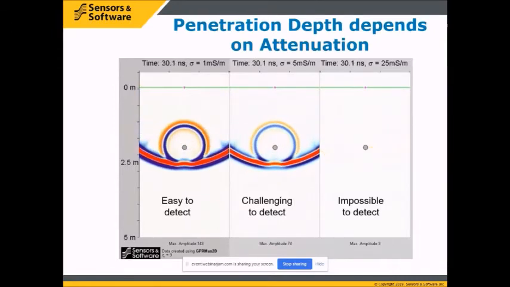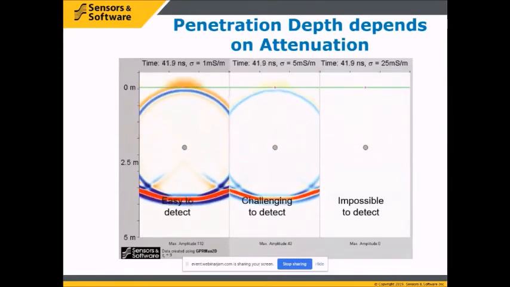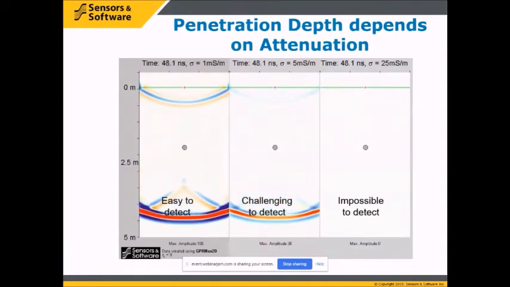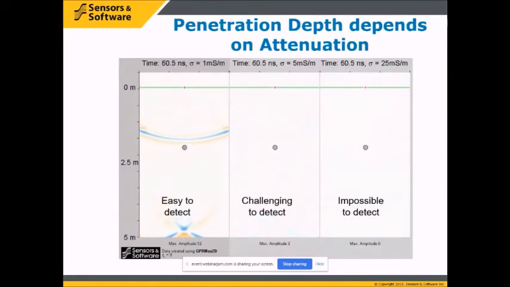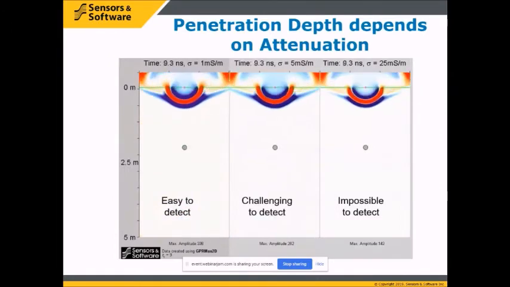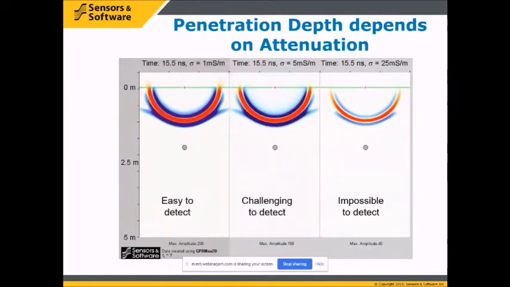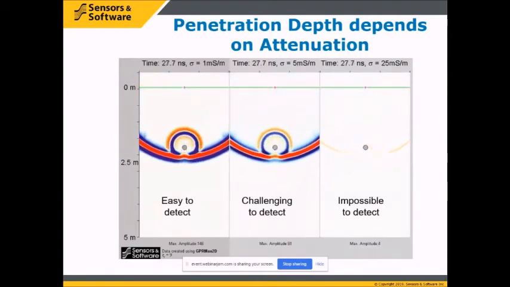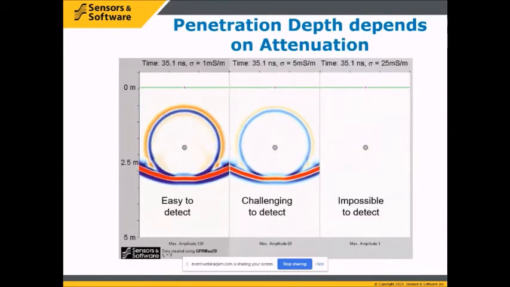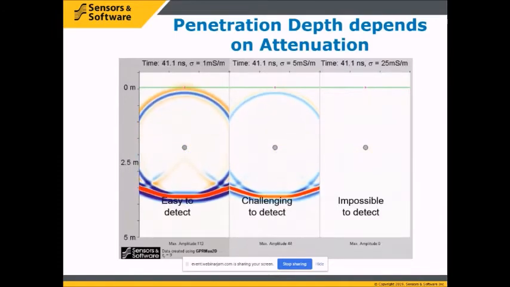On the left, low electrical conductivity results in slower attenuation of the GPR signal and a lot of reflected energy making it back to the surface. We know that we can only detect an object in the subsurface with GPR if the energy reflects and makes it back to the GPR receiver on the surface before it gets completely attenuated.